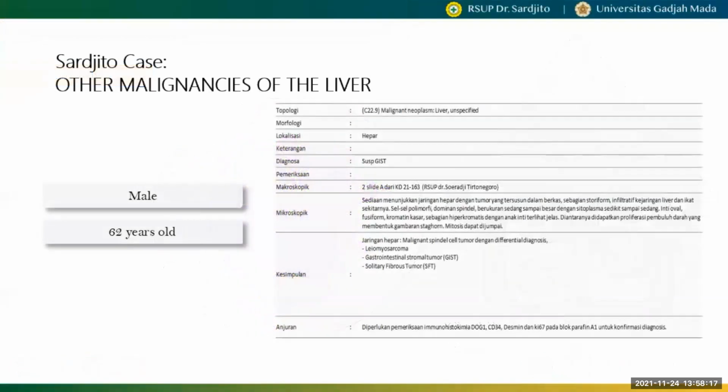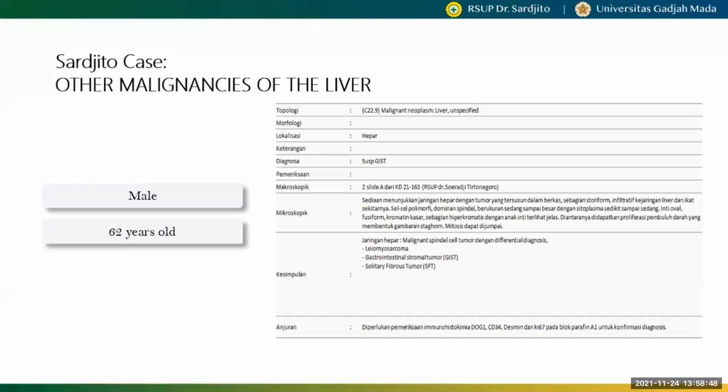Okay, maybe next I would like to present other malignancies of the liver. This is a male case, 92 years old. We have this as a confirmation from the second referral hospital, where it was shown to be a mesenchymal spindle cell tumor.